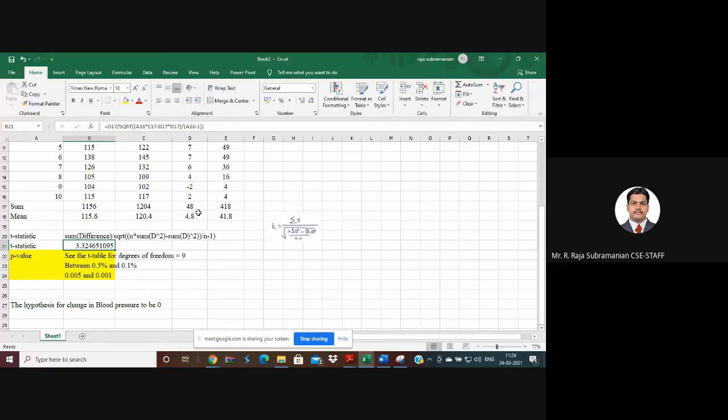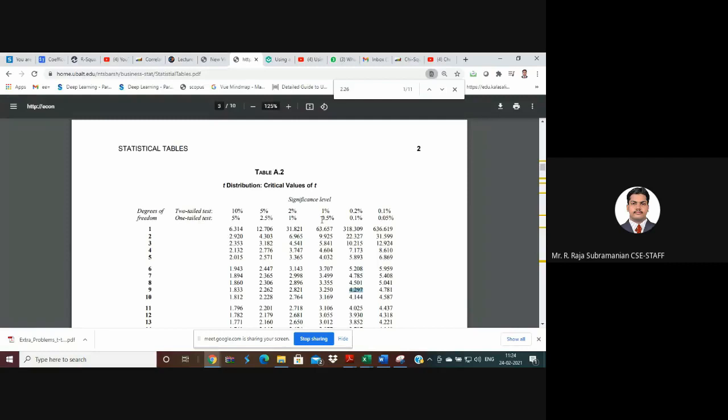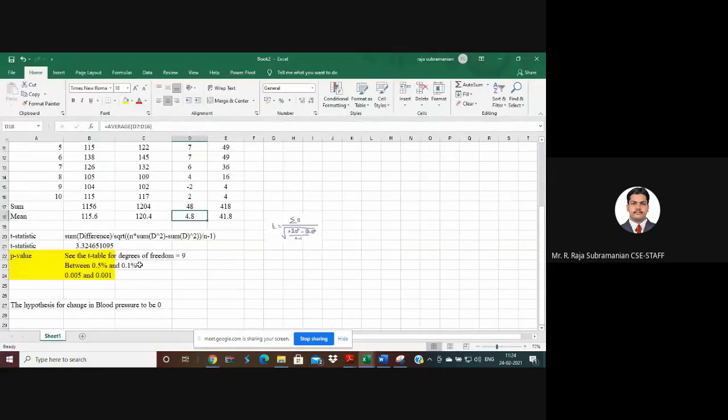Because the mean is going to be 4.8, and for this 4.8 and a single tailed value, so this is actually a one-tailed t-test, so it is not having any negative values. If it is having values like 4.8, we should reject that particular hypothesis. So I say that the hypothesis for change in blood pressure, I don't accept. I reject this particular hypothesis, right?